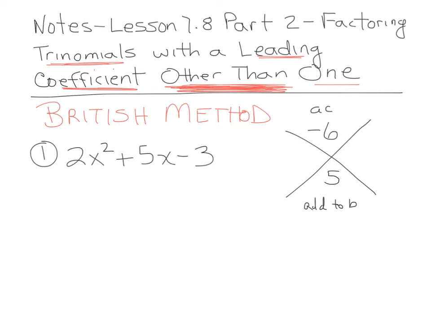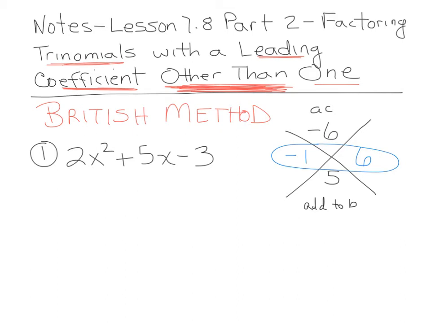What multiplies to give you 6? 1 and 6 or 2 and 3? We need it to multiply to negative 6, so let's go with negative 1 and positive 6. A negative times a positive is a negative, and when you add negative 1 with positive 6, you get 5. All right, so these are good.